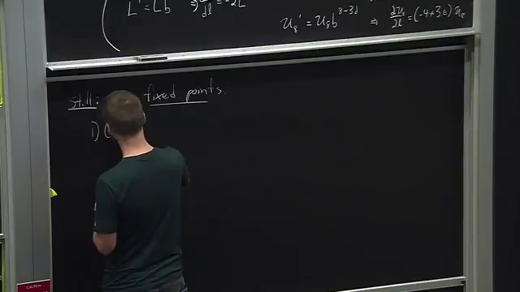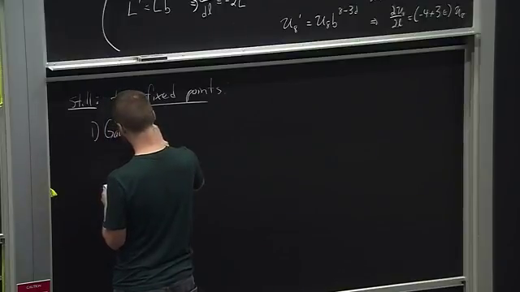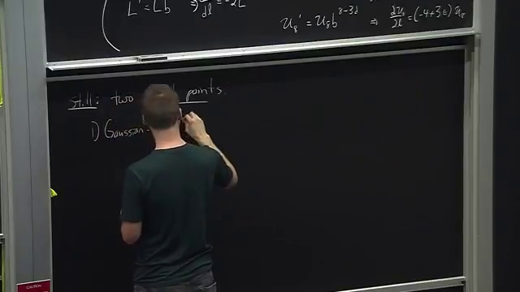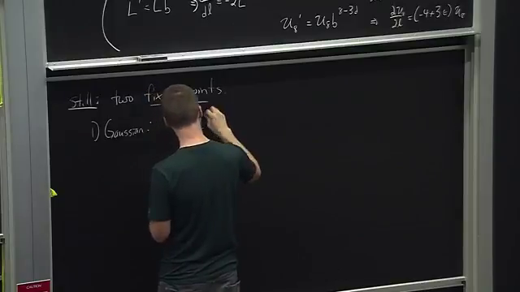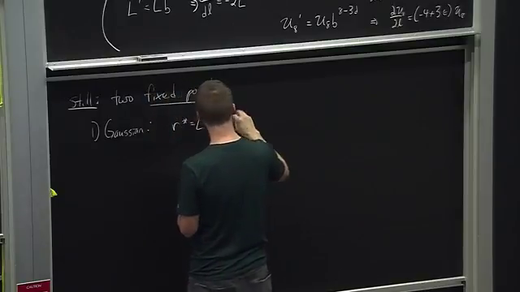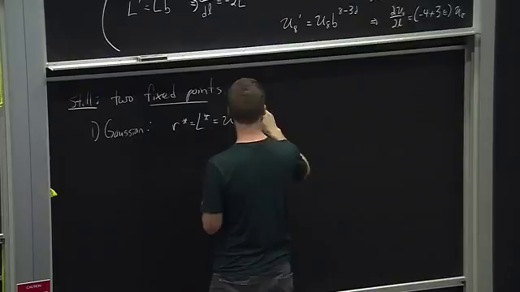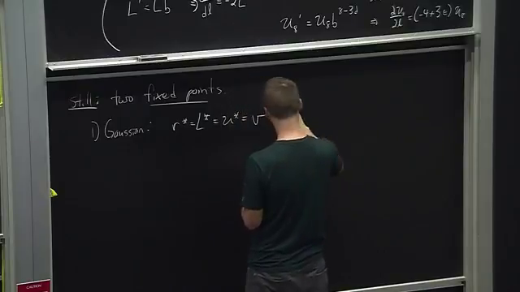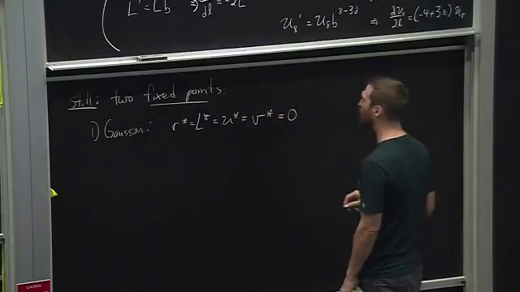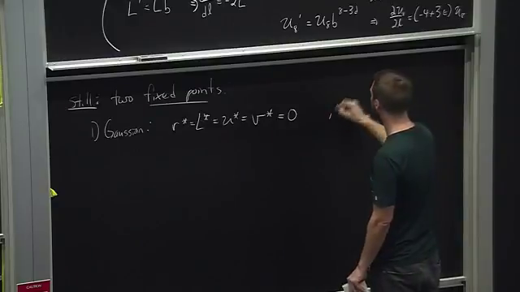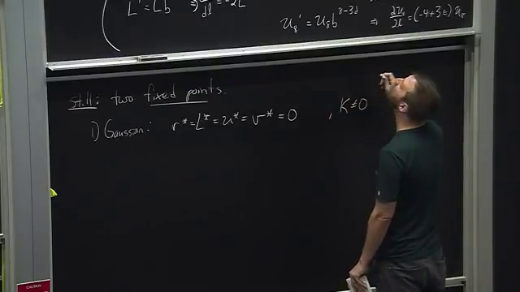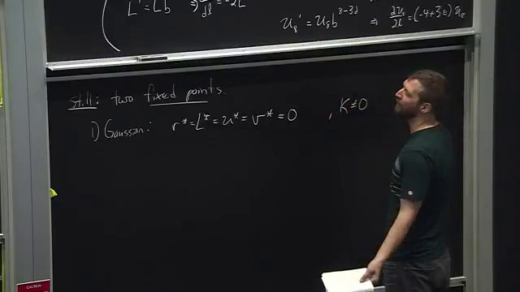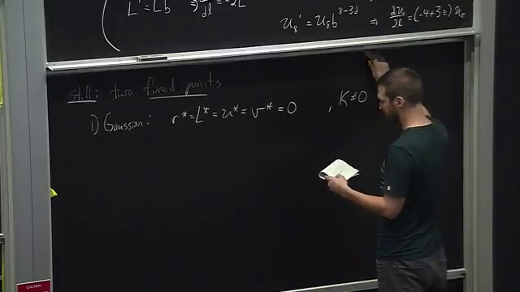One's a Gaussian. So now it's r and u and v equals 0. You have to keep K non-zero, or else, I don't know, you don't have a theory.